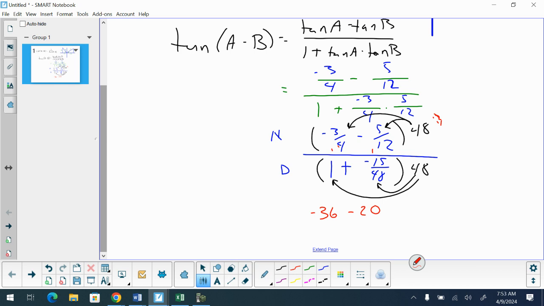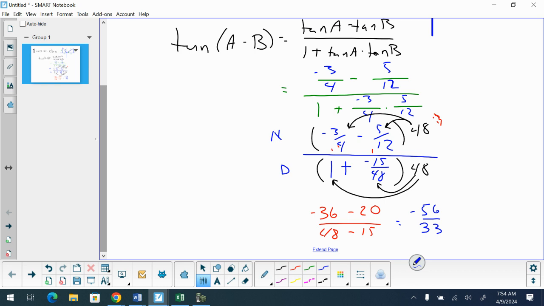On the bottom, we have 48 minus 15. Multiplying our 48 to all of our terms on the bottom. So what we're left with is -56 over 33.